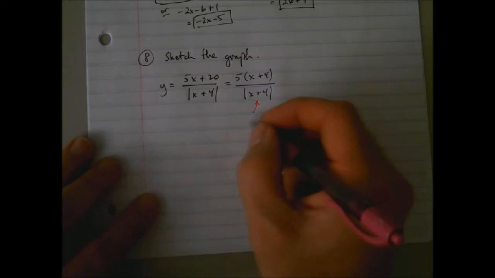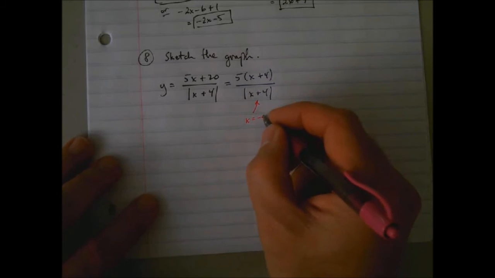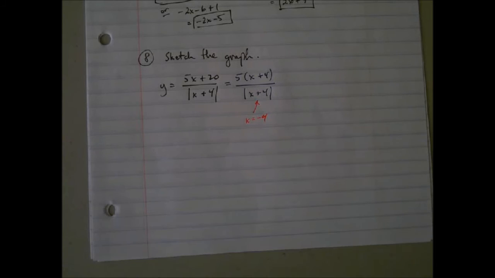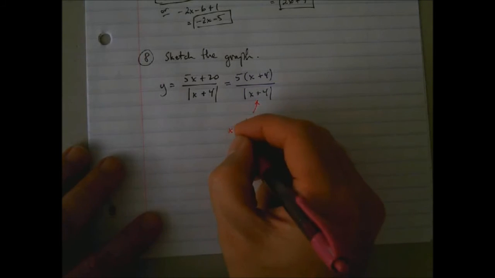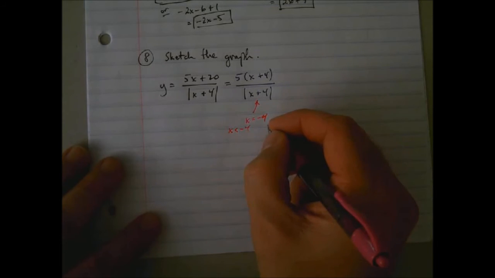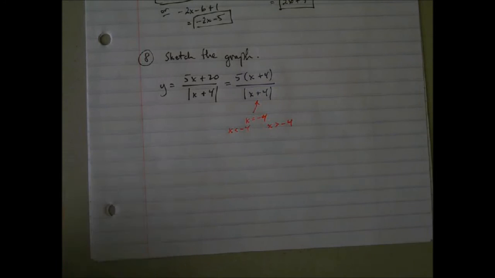So x equals -4. Okay, so that's the dividing line. We've got to the left of -4, and we've got to the right of -4. Okay, well, let's figure out which one.